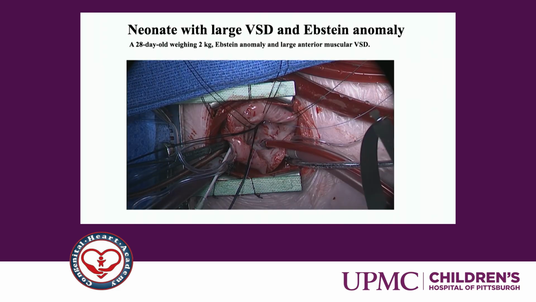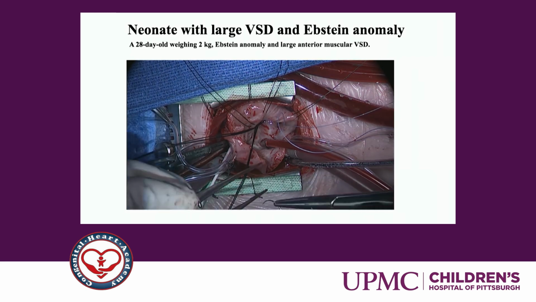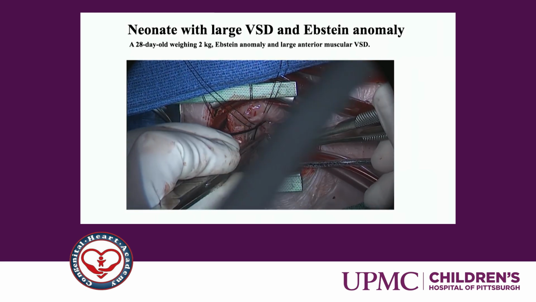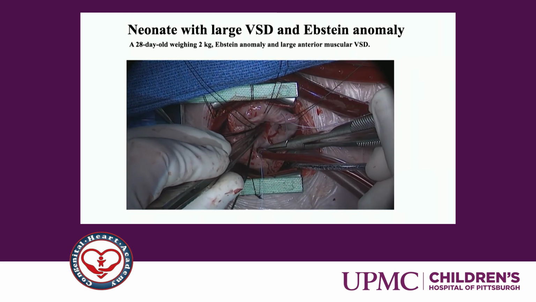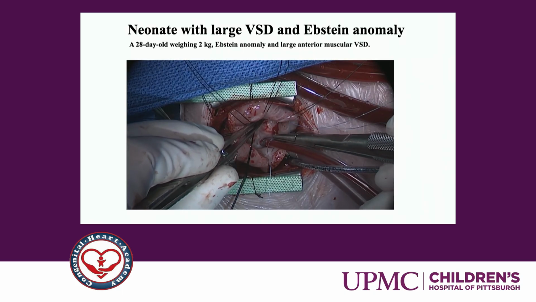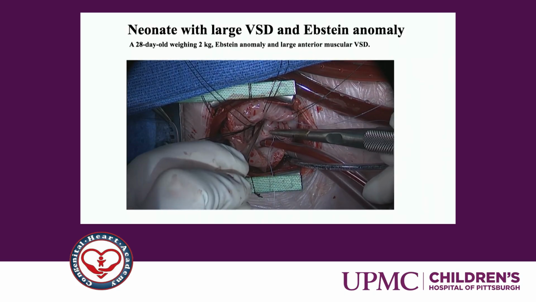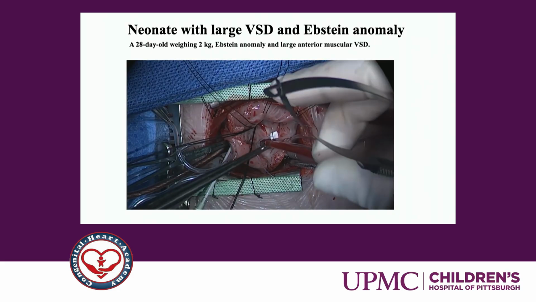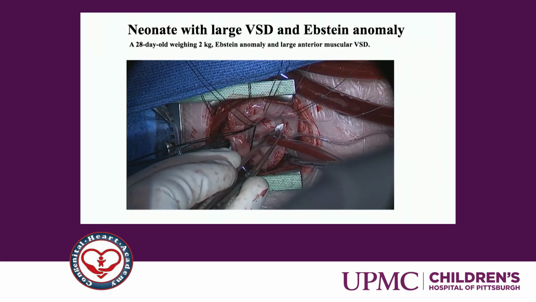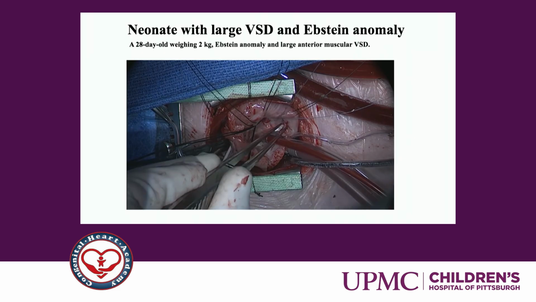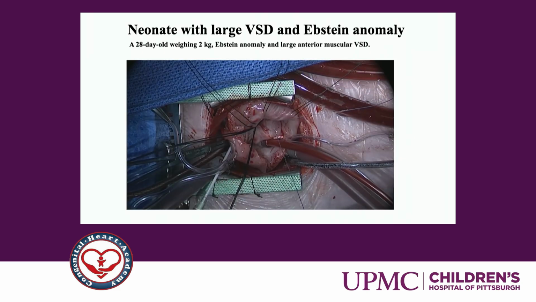Here I put a pledgeted stitch in the proximity of the coronary sinus. And this will be a central stitch that will divide this valve essentially in two parts.